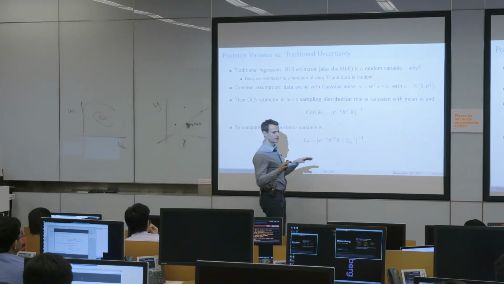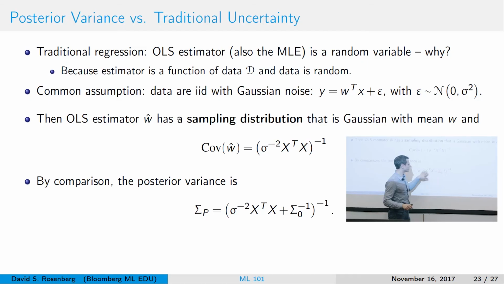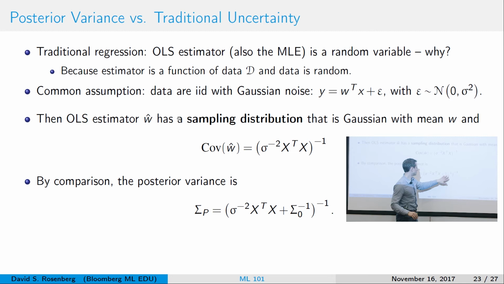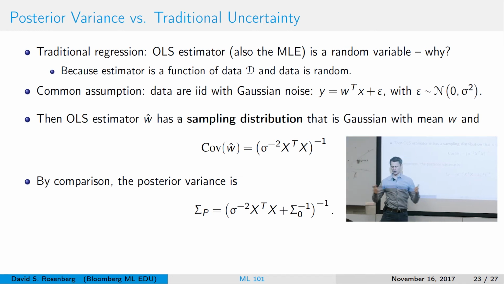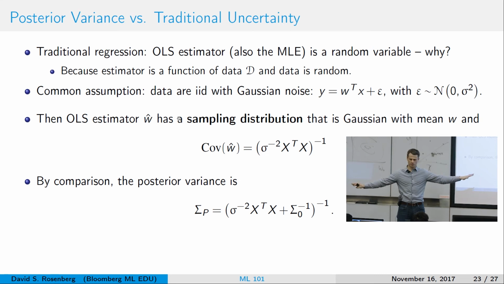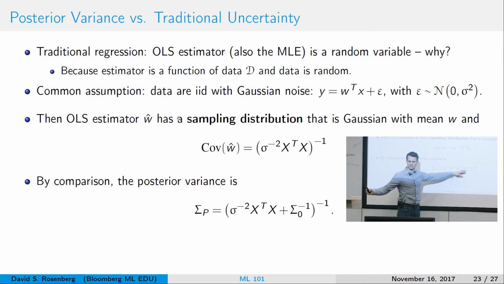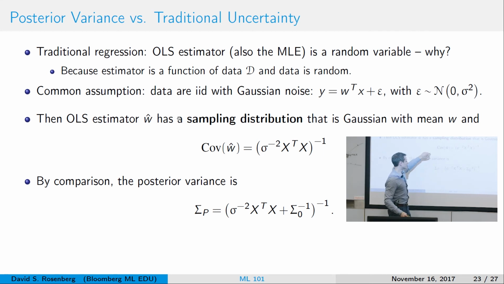Let's do a little bit of units analysis. Imagine everything were one-dimensional for simplicity. If sigma 0 gets very large, that's a diffuse, very uncertain prior. Sigma 0 inverse gets very small, which makes this expression very close to this, which means the two covariances are very close.